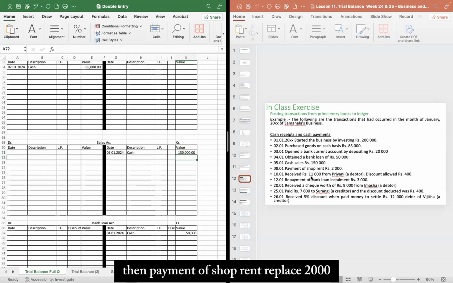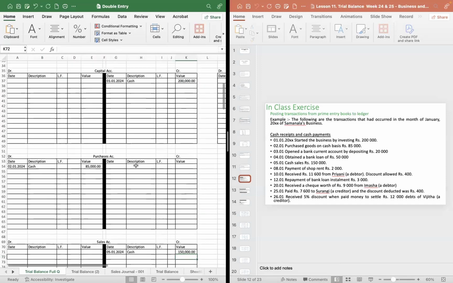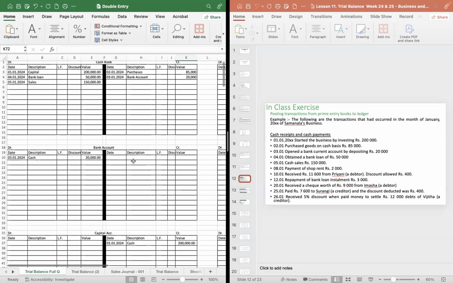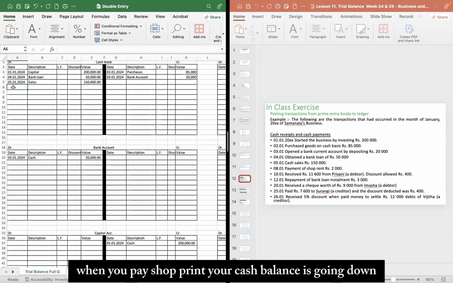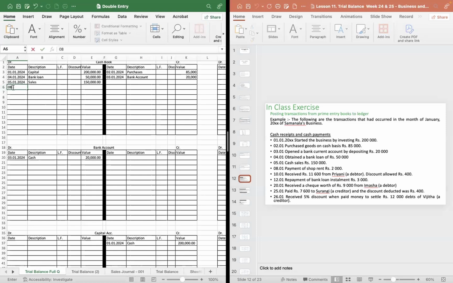Then payment of shop rent, rupees 2,000. When you pay shop rent, your cash balance is going down.